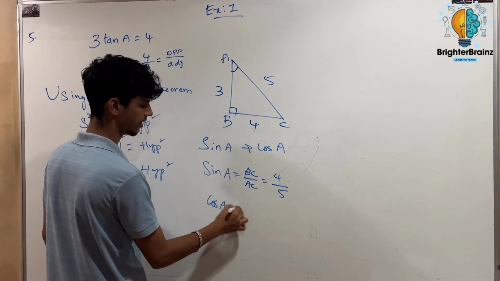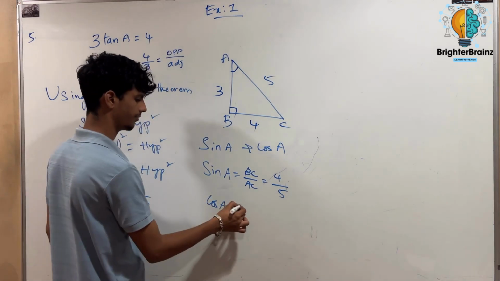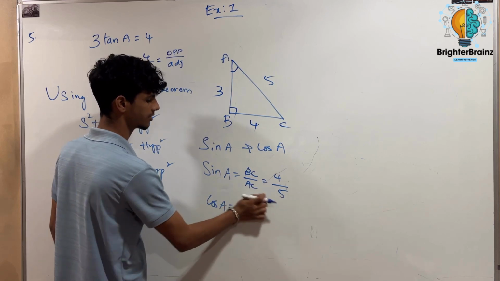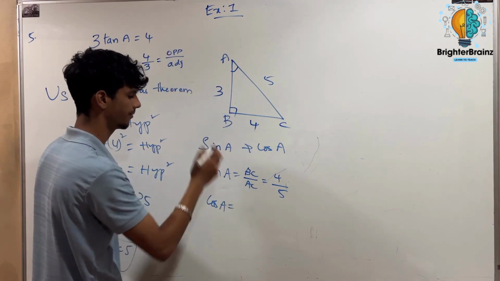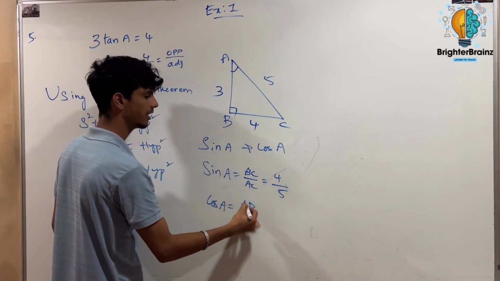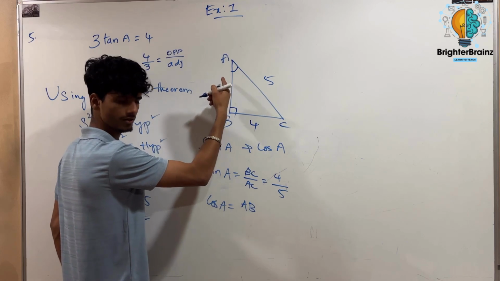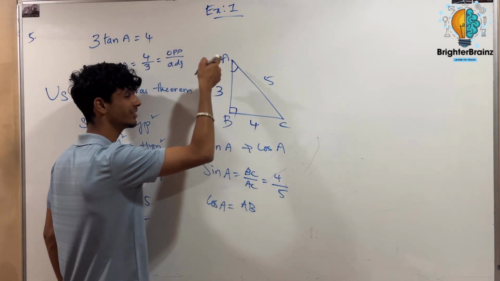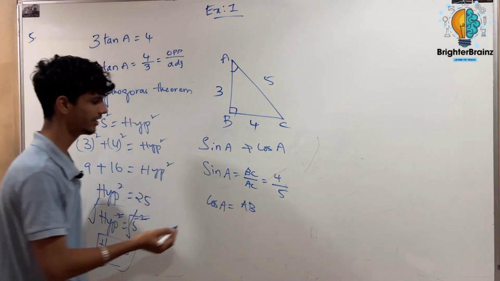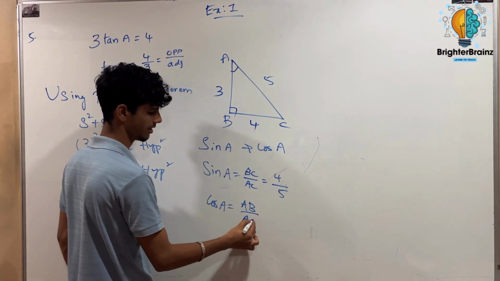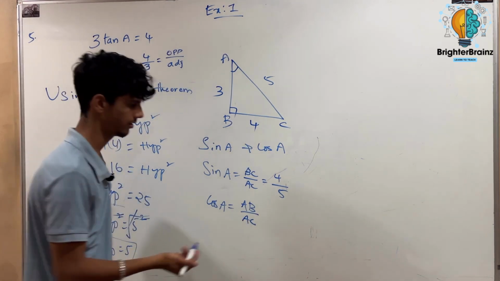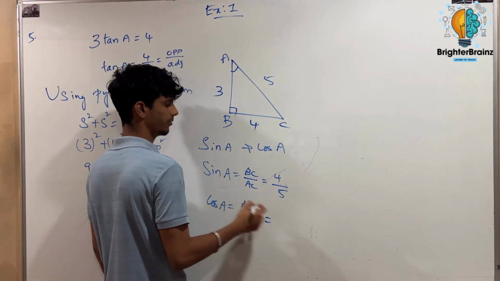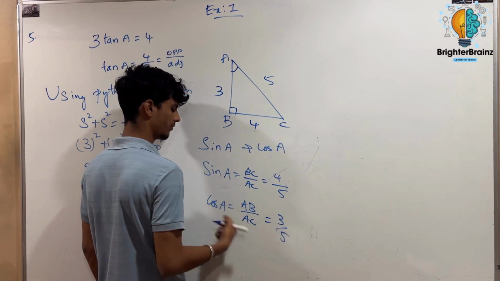And next, cos A: adjacent by hypotenuse. Which is the adjacent side for A? AB. Then the hypotenuse is AC, which remains the same. So 3 by 5. The value of cos A is 3 by 5.